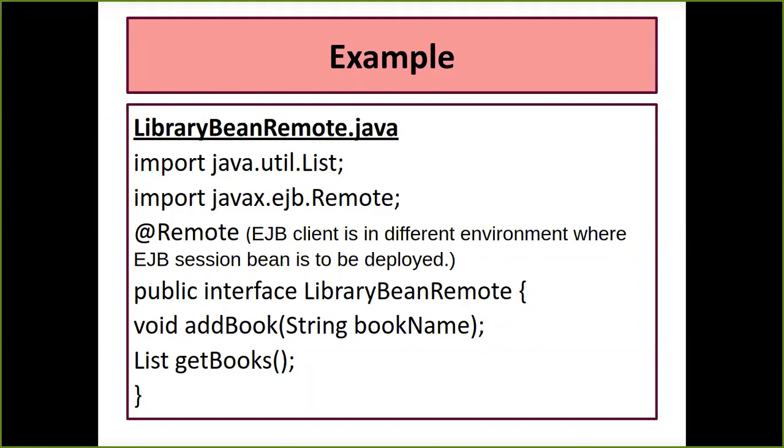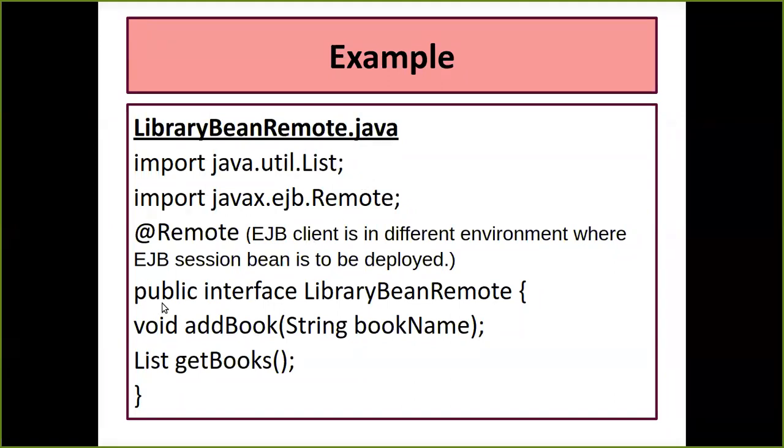So we need to mention that we are going to have a remote connection with the other file we are going to refer to. So we are going to write @Remote. For that we need this package, and we need the util.* package, because we want a list. And why we are using this List class, we'll come to know in future.